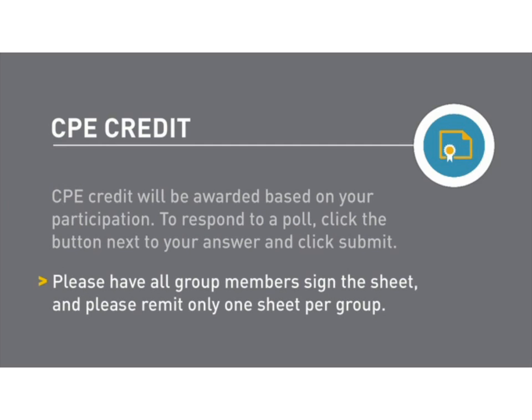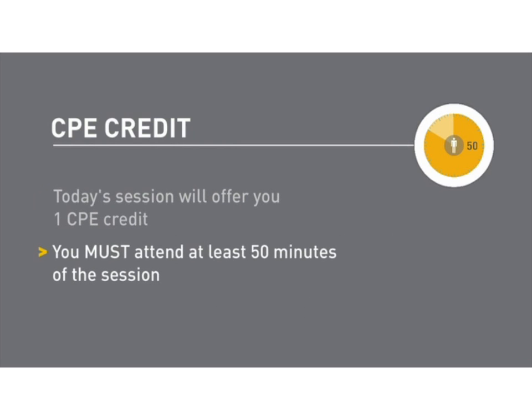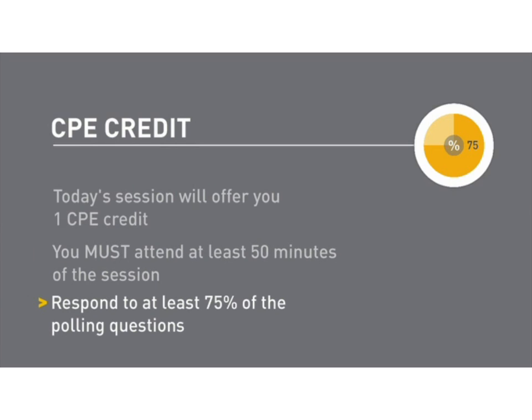Please have all group members sign the sheet, and please remit only one sheet per group. Also note, today's session will offer you one CPE credit. To receive credit, you must meet the requirements as specified by the National Association of State Boards of Accountancy. You must attend at least 50 minutes of the session and respond to at least 75% of the polling questions.